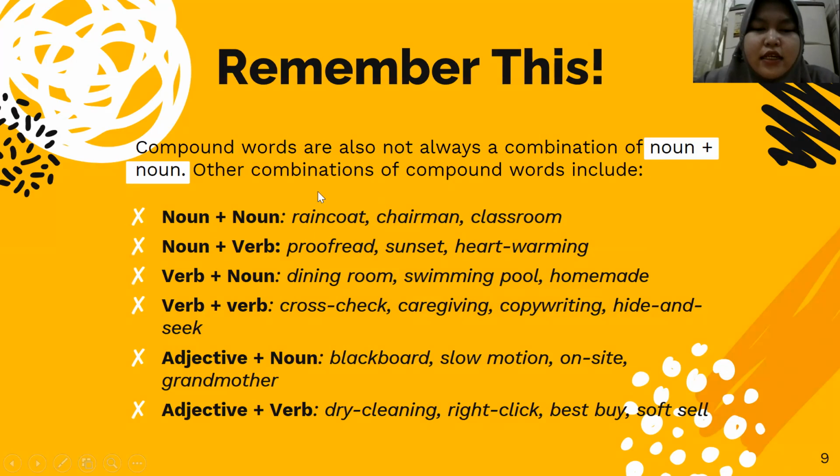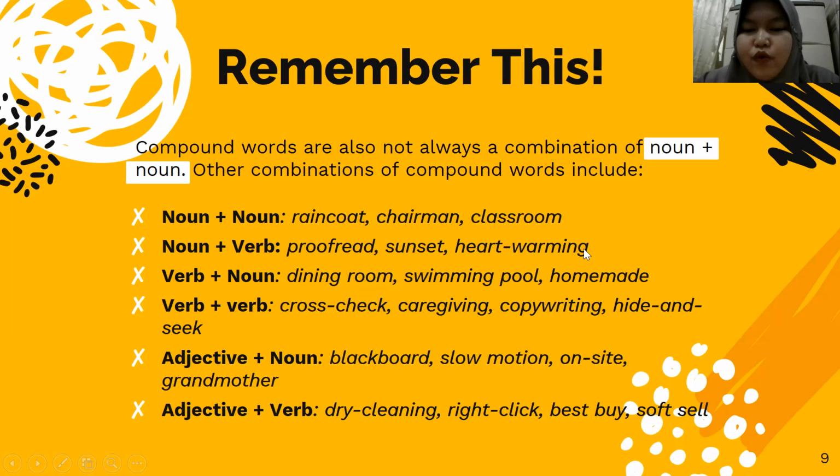Raincoat, if you remember before, is a solid form because we don't need a space or dash here. For the second is noun plus verb. For example, here is sunset, profit, heartwarming. Heartwarming here, if you remember, is a hyphenated form because we need a dash here.